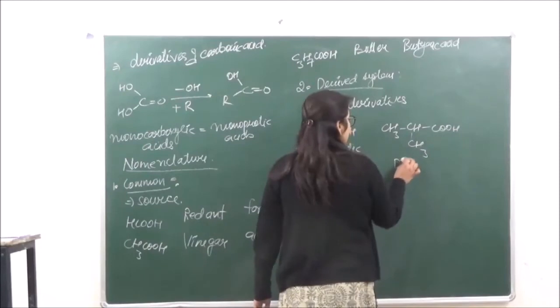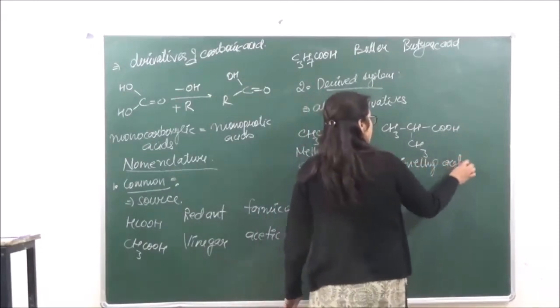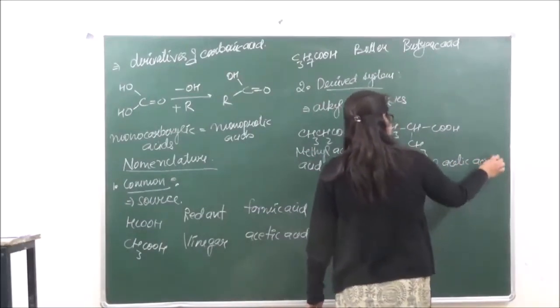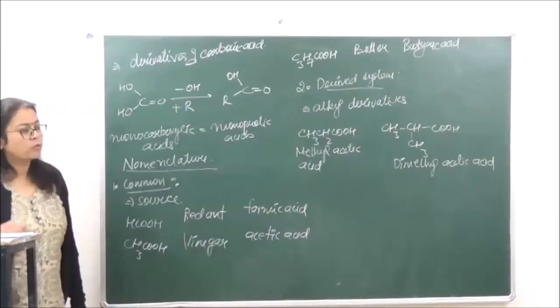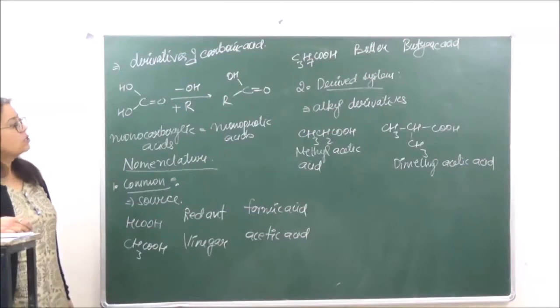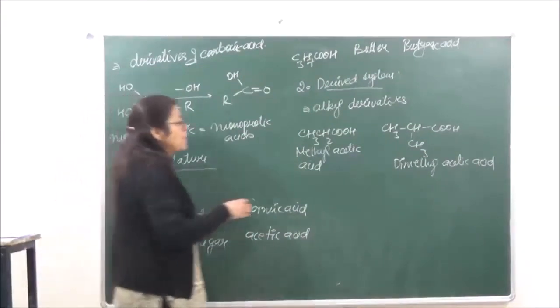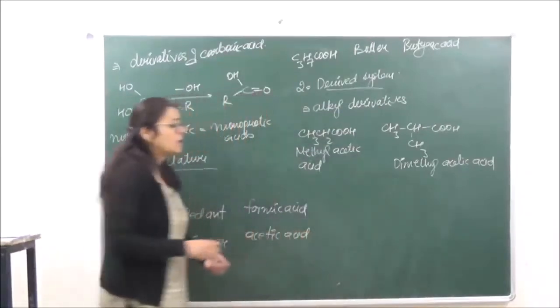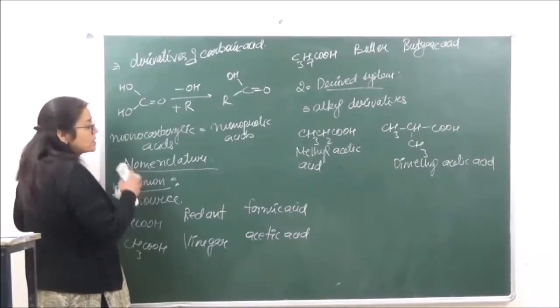Similarly, if we have an acid like this, it is known as dimethyl acetic acid, as there are two methyl groups present. So according to the derived system, this is how we name the compounds. Then we have another system, the most important one, that is the IUPAC system of nomenclature.